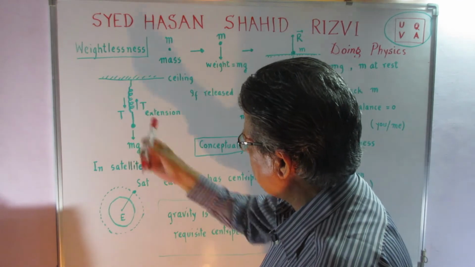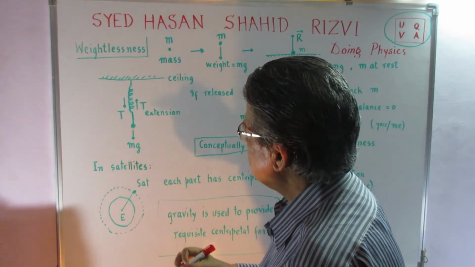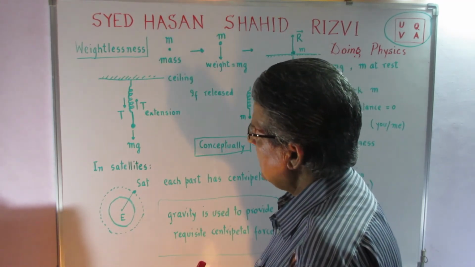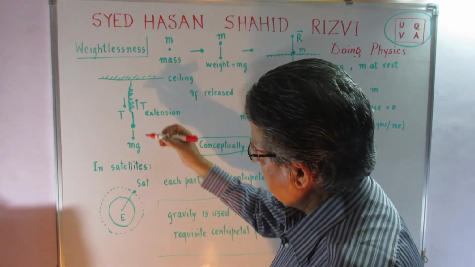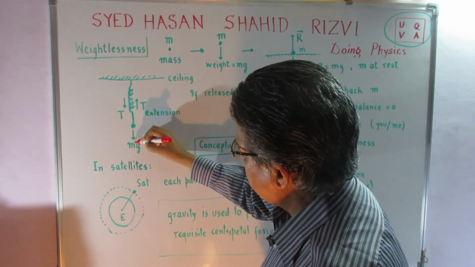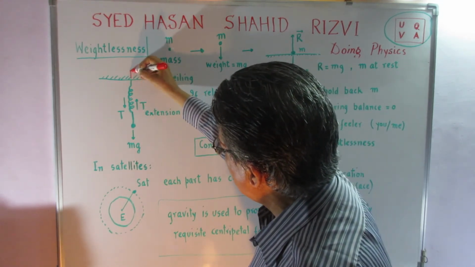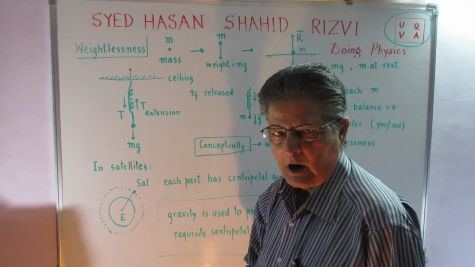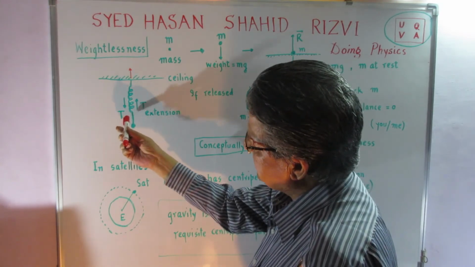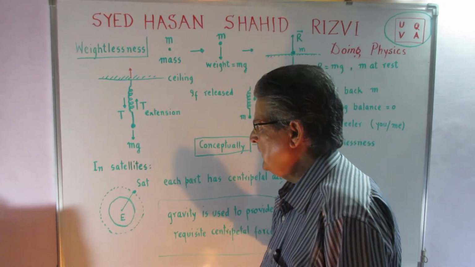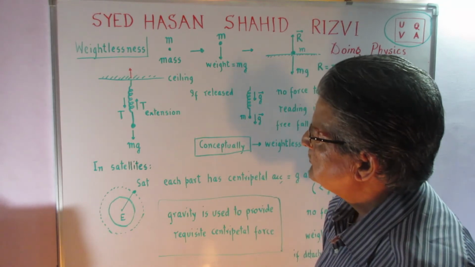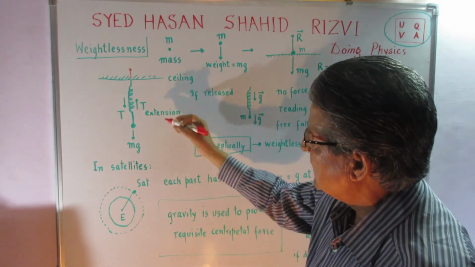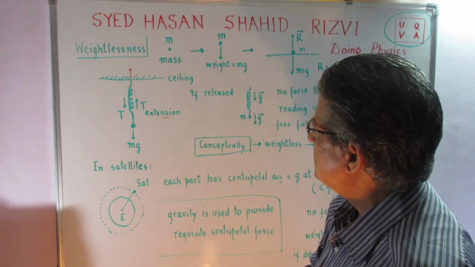When it is in the position of rest, as is seen here, there is an extension in the spring, and mg is balanced by a force over here, and the two forces are equal and opposite, and the tension in the spring, also we could take a string also. In that case also there will be a small extension.